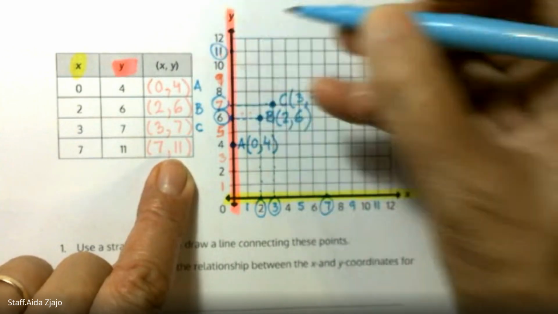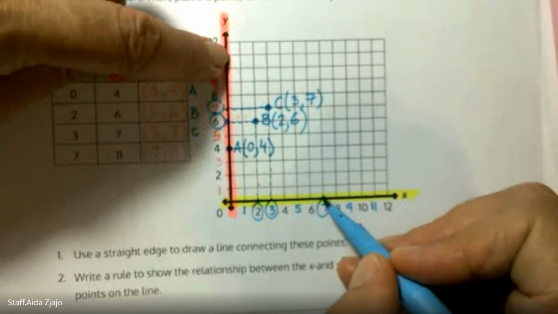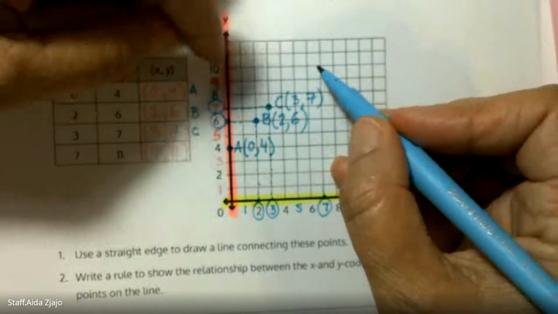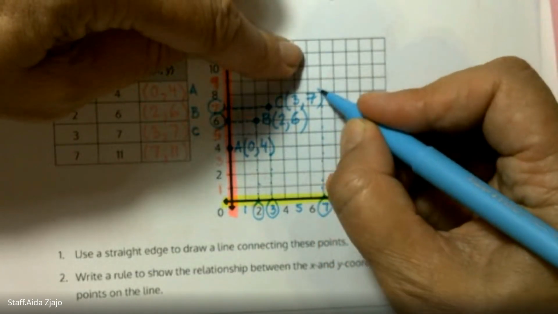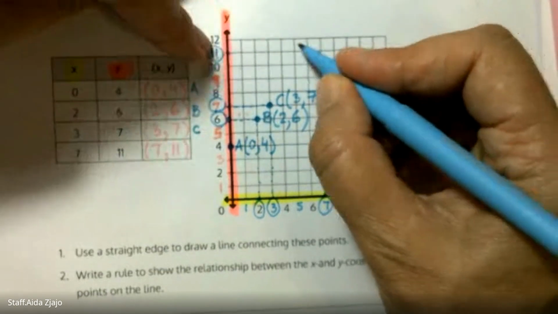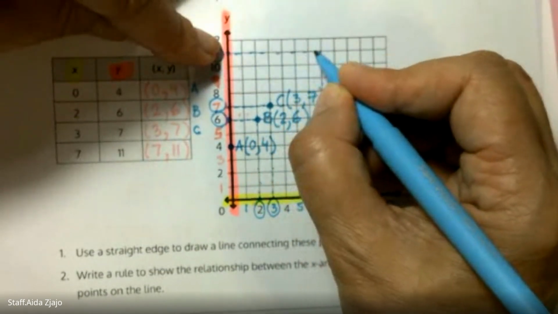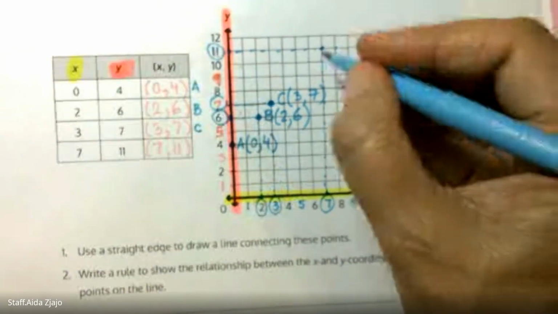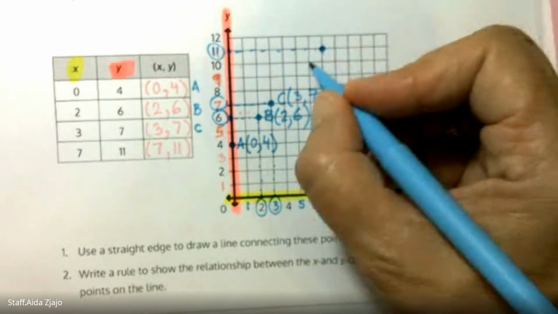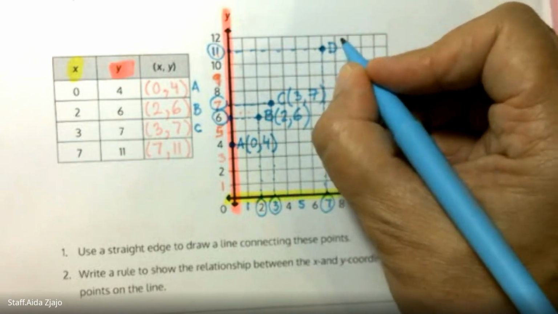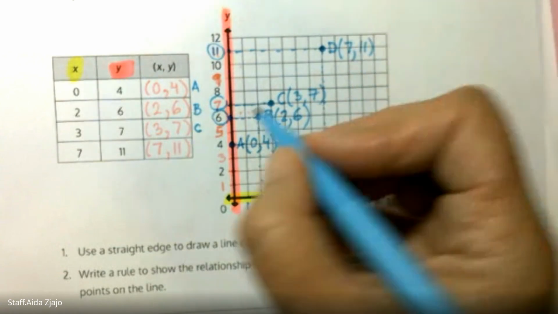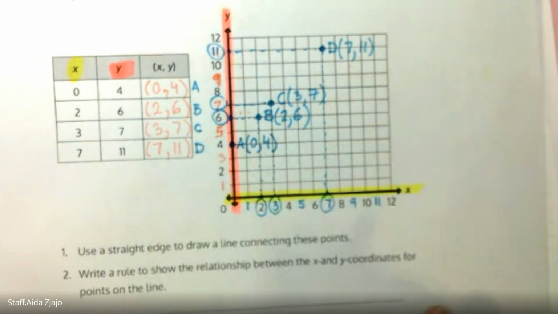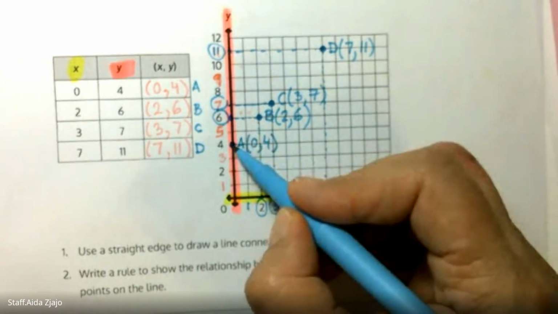So when we find 7 and go up, I meet 11, and 11 is here. So I found the points A, B, C, D. And D is 7x, 11y. So I label the points.